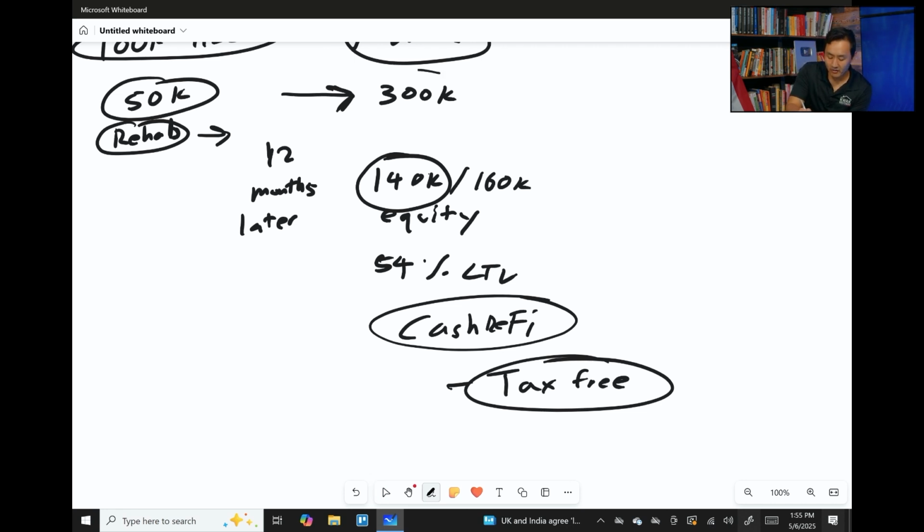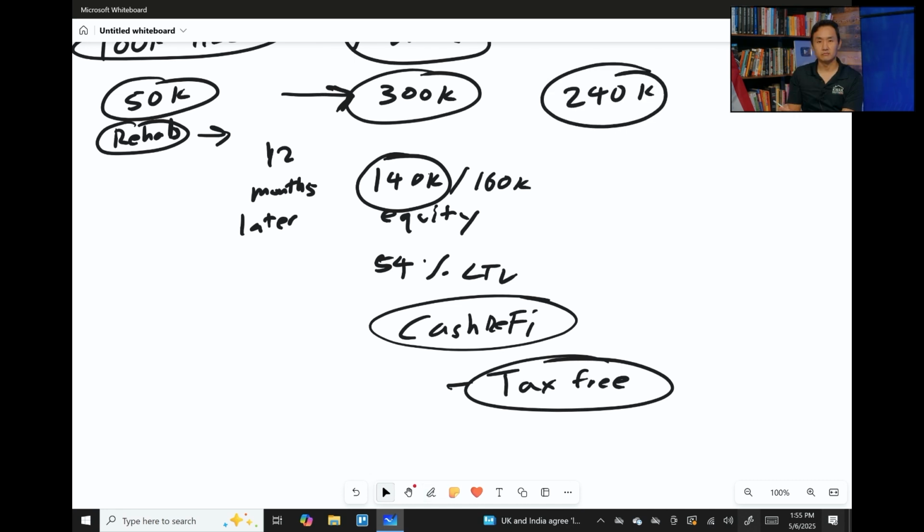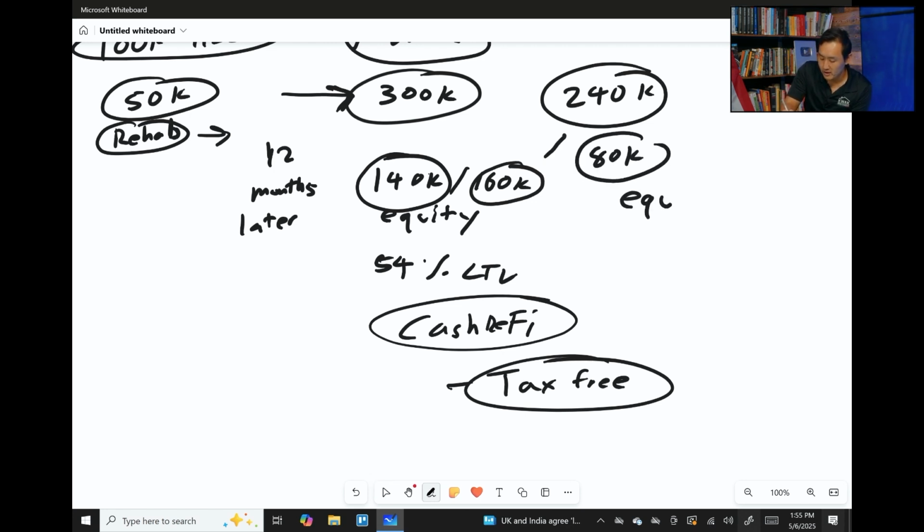So if we have $300,000 as the value, that means the highest our loan balance can go is $240,000, okay? Well, right now our balance is $160,000, meaning that we have $80,000 worth of equity that if we wanted to we can convert into cash.